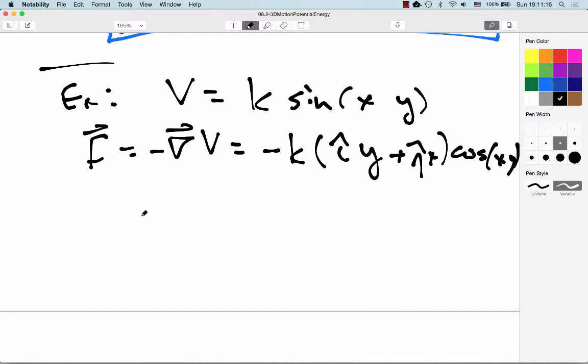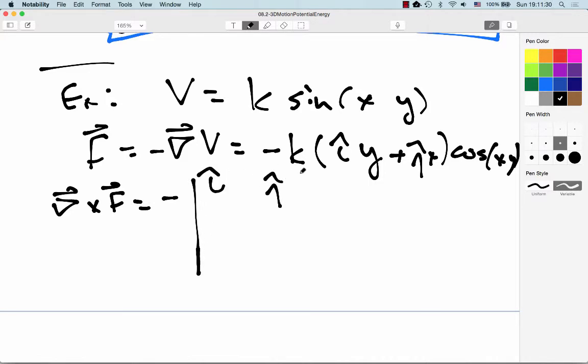All right. So let's go ahead and take the curl. So the curl of F, well, I can pull the minus sign out immediately. And so we've got i, j, k, and I can pull the k out too. No need to muck with that.